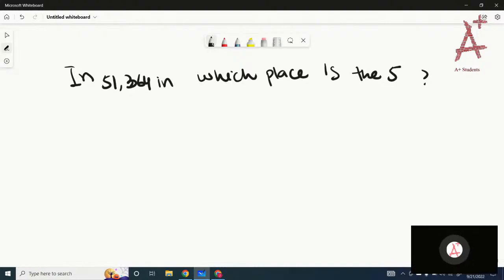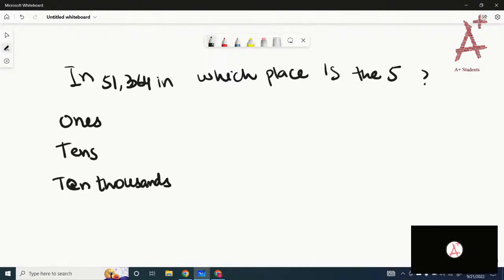You are given four options: ones, tens, ten thousands, and thousands. Just remember the place values.